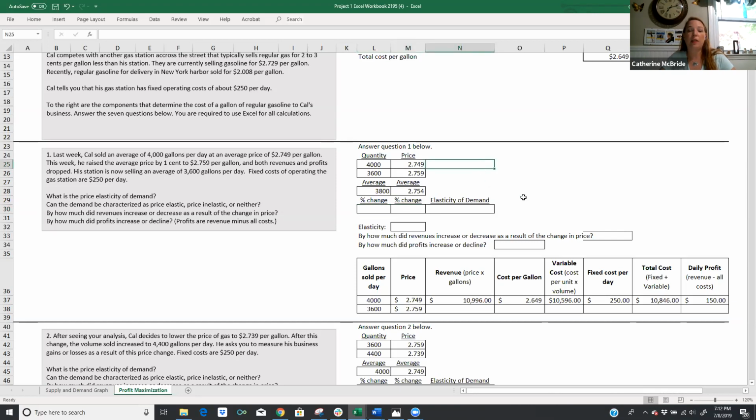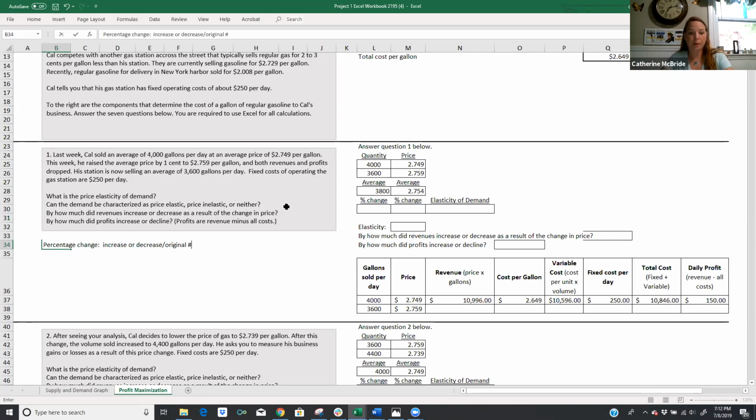The way you calculate the percentage change for the quantity or the price is, percentage change is going to be the increase or decrease in amount divided by the original number.